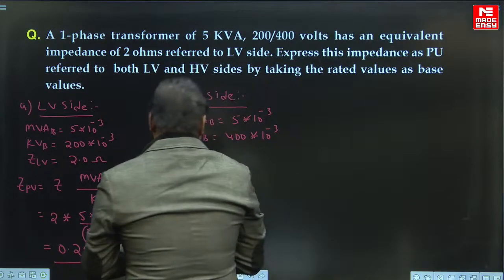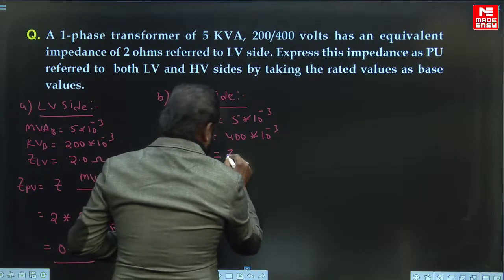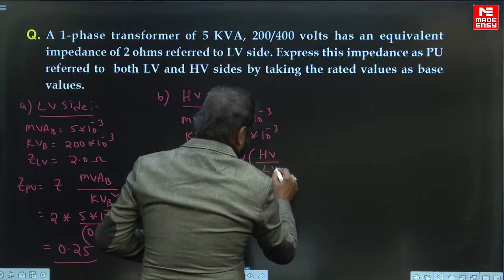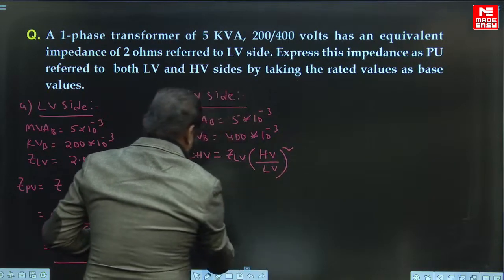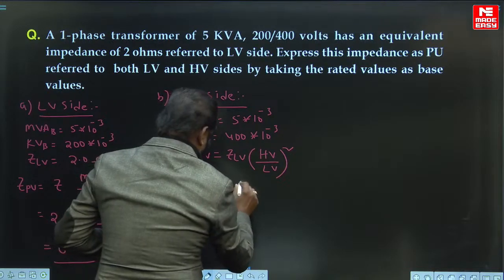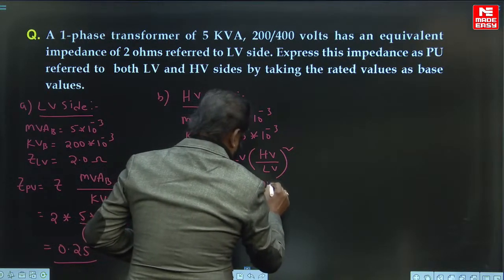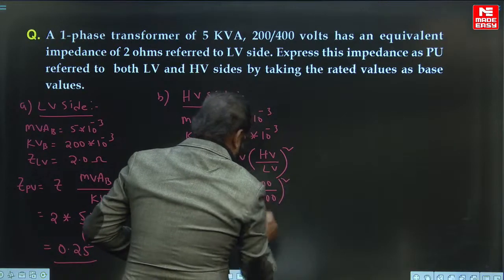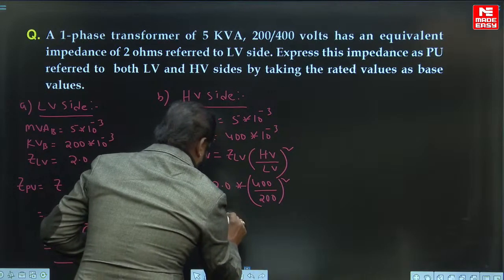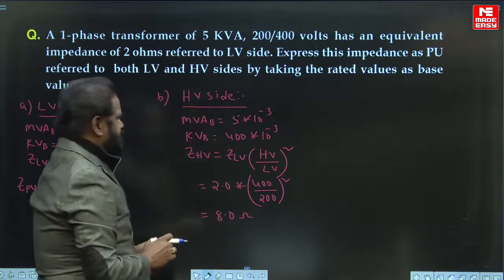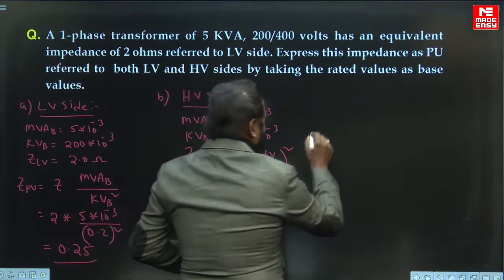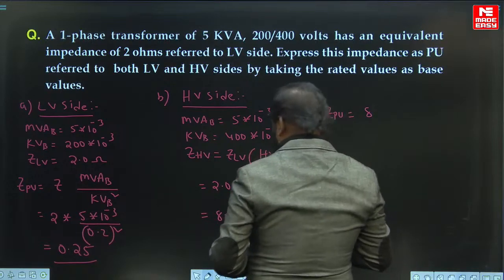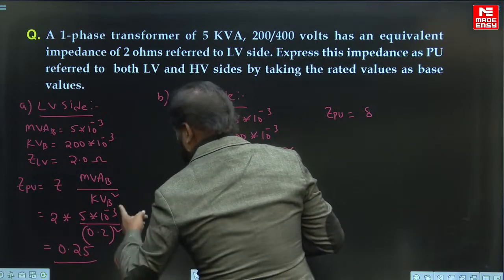Z LV into HV by LV whole square equals 2.0 into 400 divided by 200 whole square. How much is it coming as? It is coming as 8 ohms. As it is 8 ohms, on this side Z per unit equals 8 into, okay, 8 into how much?